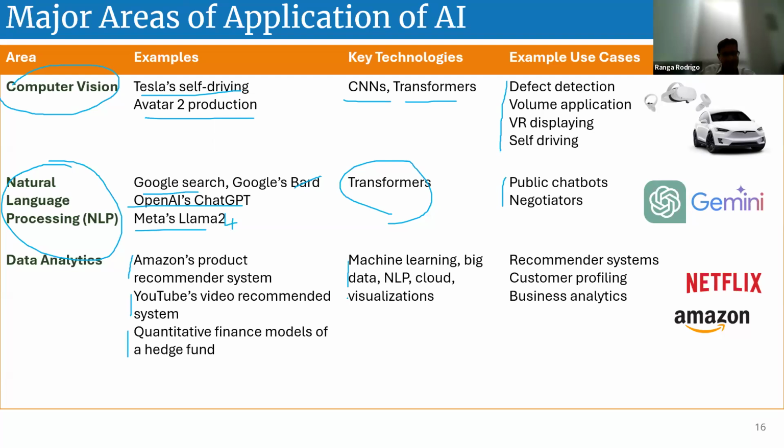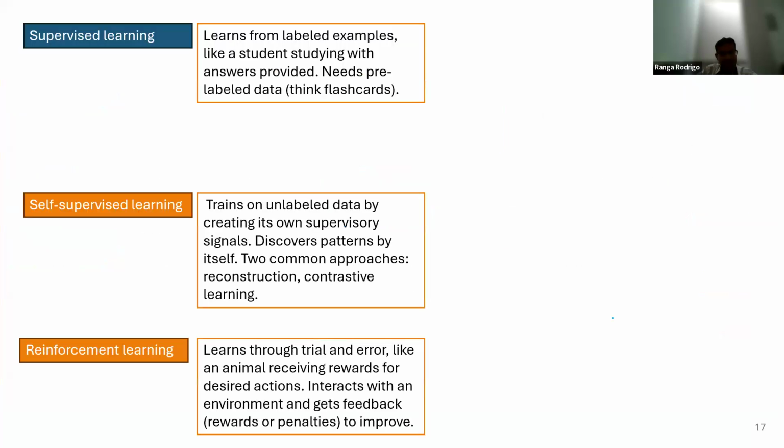So machine learning, big data, natural language processing, and cloud visualization are all used in data analytics. Recommendation systems, customer profiling, and business analytics in Netflix and Amazon are some examples. Okay, so that's about major application areas of AI.